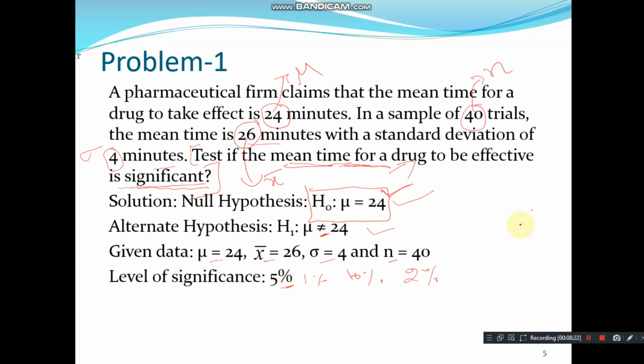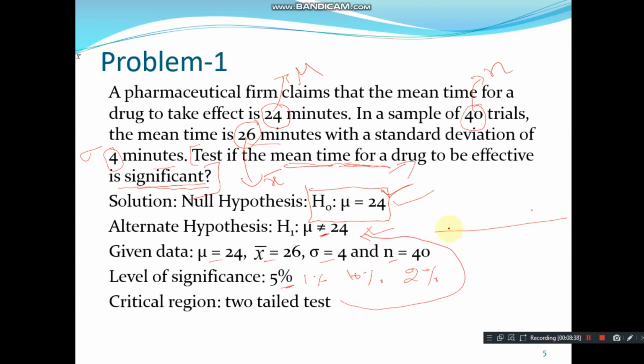Next, once we have chosen the level of significance, we should go for the critical region. What type of test do you have to use? The critical region depends on the alternate hypothesis. The alternate hypothesis says not equal to, meaning less than and greater than. So this is minus Z alpha and this is Z alpha.